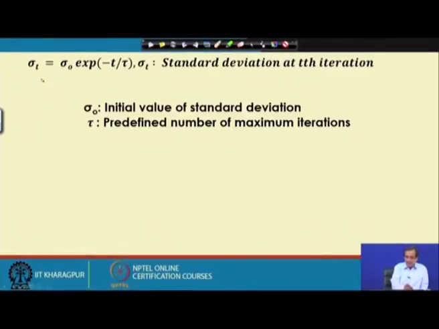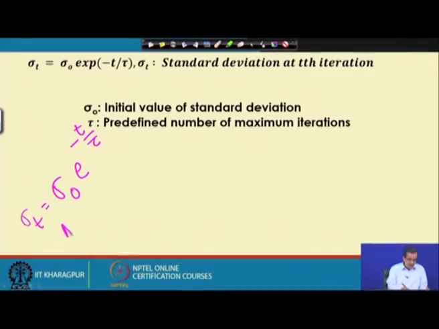So, this sigma_t is the standard deviation at the t-th iteration, and sigma naught is the initial value of the standard deviation, that is a fixed quantity. Here t is the iteration number, and tau is the maximum number of iterations, which has a fixed value.